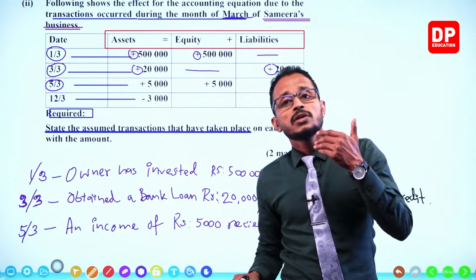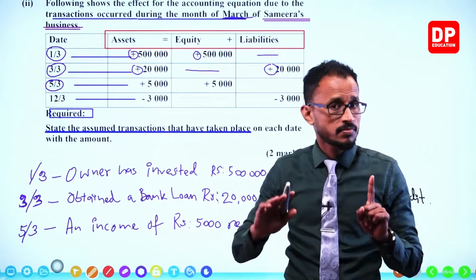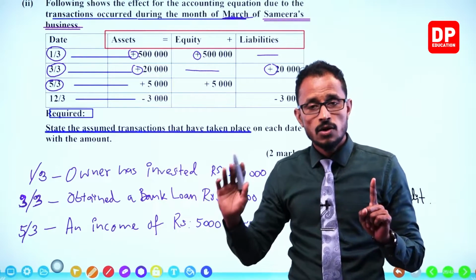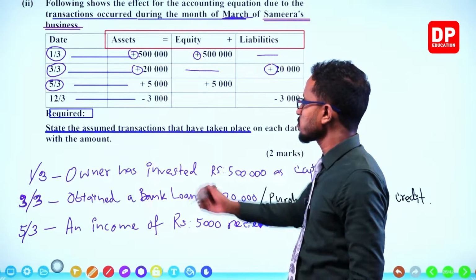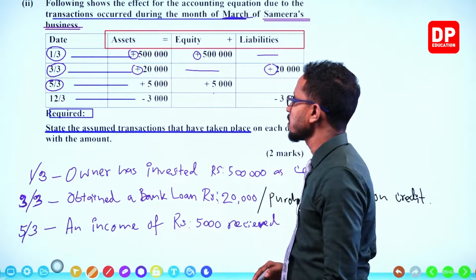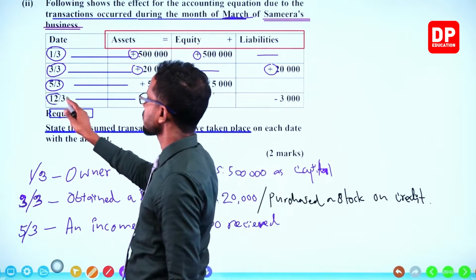Even you can write the first option. That is also correct. Owner invested cash or any other asset worth 5,000 as capital. Last one, this one.